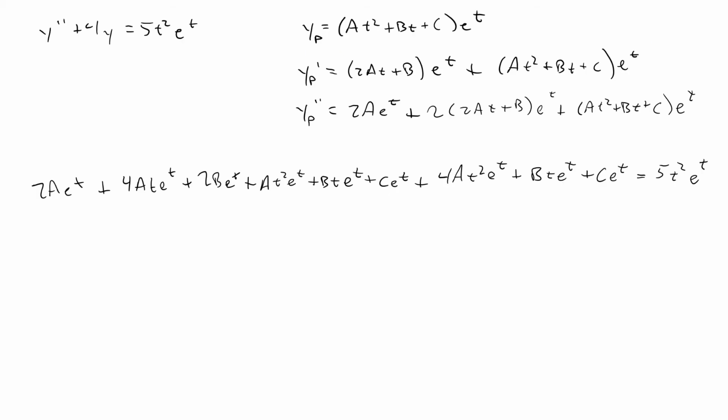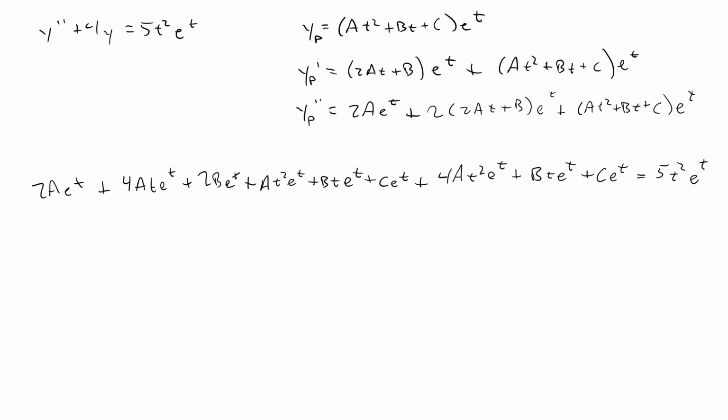Okay, so to check your work, I went ahead and wrote down the derivative and second derivative of our guess at a solution. So the first thing you need to do is maybe pause the video here and make sure your yp prime and yp double prime match what I have written down.